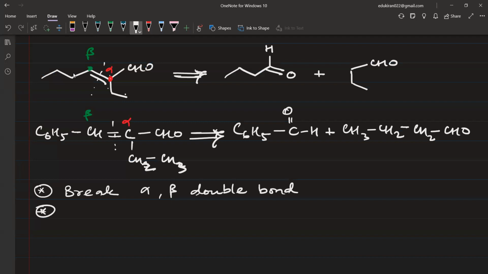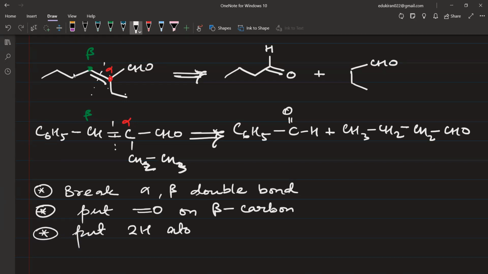Second step: put double bond O on beta carbon, put 2 hydrogen atoms on alpha carbon.